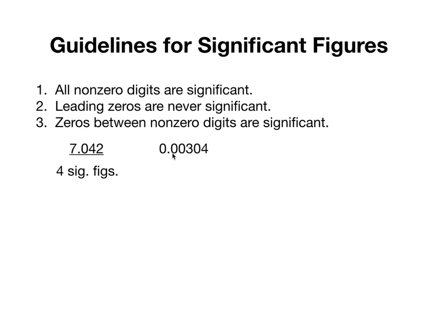These are leading zeros. What do we say about leading zeros? They're not significant. But here's a 0 that's between 2 non-zero digits, so it's going to be significant. So we're going to have 3 significant figures in this number. Okay, 2,305. Okay, all 4 of those are going to be significant. Okay, so zeros between non-zero digits are significant.